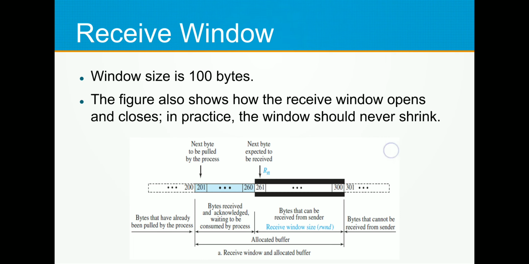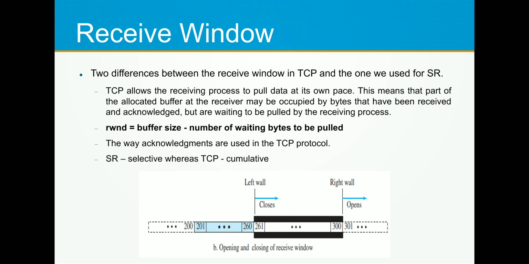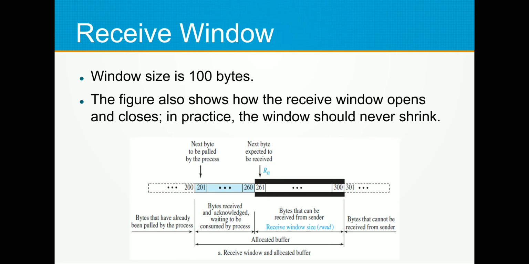In our previous case, the bytes waiting to be pulled are from 201 to 260, which is 60 bytes. The total size is 100, so the receive window size is 100 minus 60, which is 40 bytes. So this particular 40 bytes we call the receive window size.